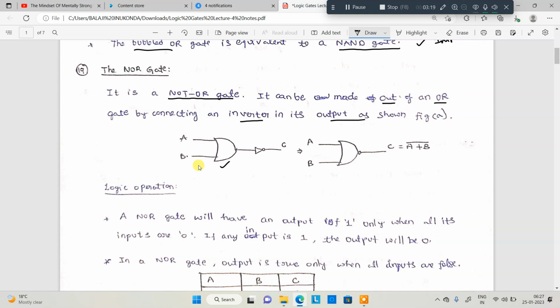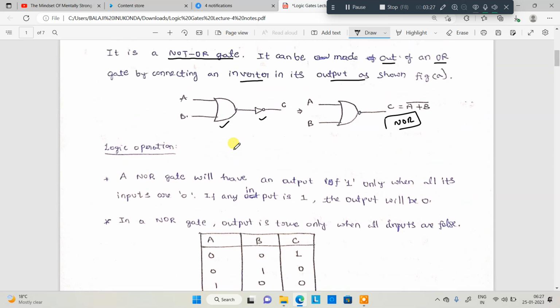Look here, this is the OR gate and then connected to NOT, you will get the NOR gate. In the examination you may expect the question, the NOR gate is a combination of, they will give us different options: AND gate plus OR gate, AND gate plus NOT gate, OR gate plus NOT gate, none of the above. OR gate plus NOT gate is nothing but a NOR gate.